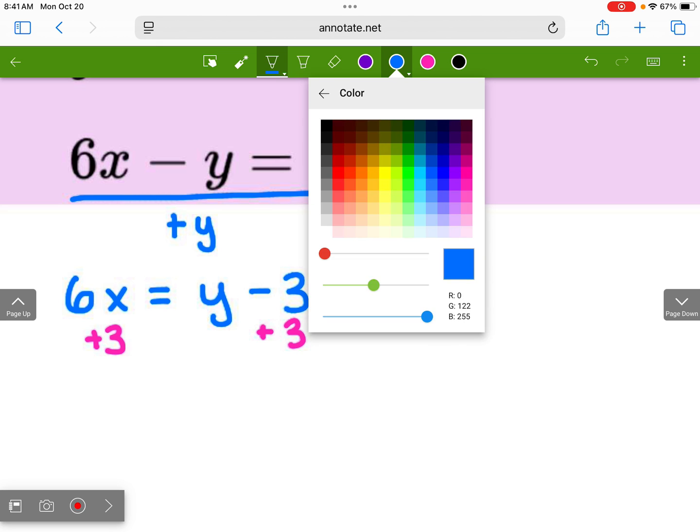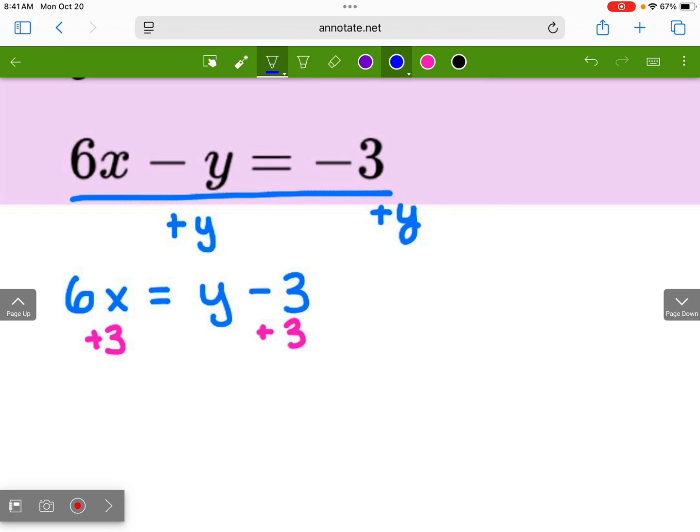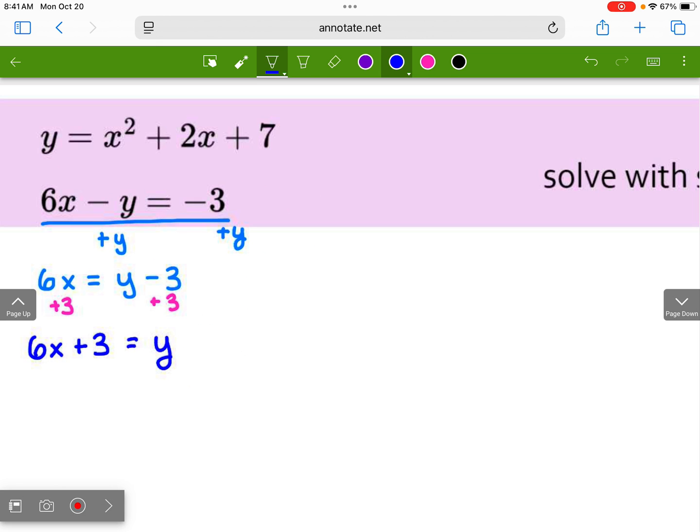That's going to give me my 6x plus 3 equals y. Now again, that's not something we have to do, but it is genuinely a bit easier if we do, because now I know that y equals this thing right here.